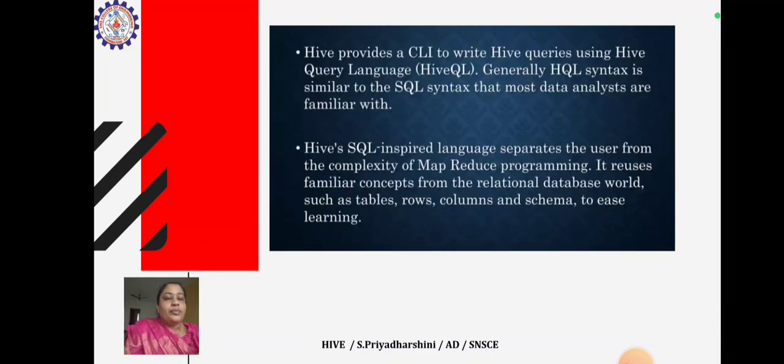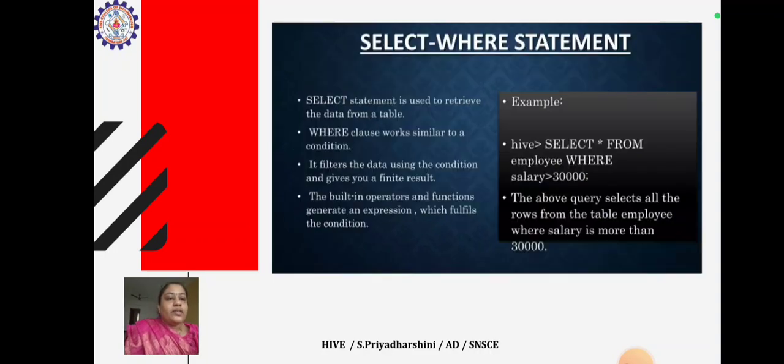So Hive provides a CLI, that is command line interface, to write queries, and the SQL inspired language separates the user from the complexity of MapReduce programming, which is written in Java. So this is how a typical Hive query works. Select star from employee where salary is greater than 30,000.